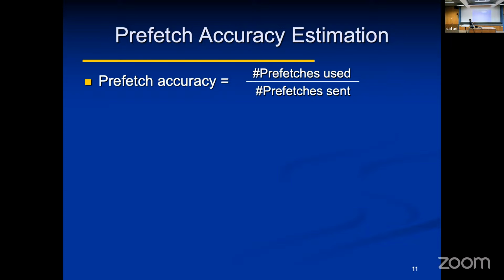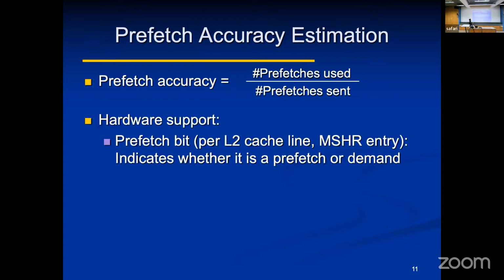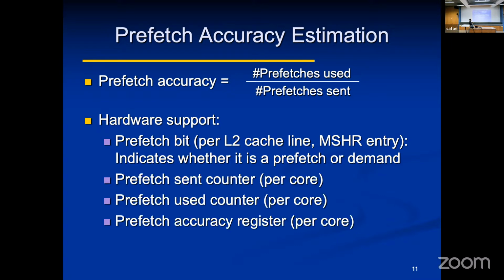So recall that prefetch accuracy is just a ratio of prefetches used divided by the prefetches sent, right? So we can compute this prefetch accuracy using very small counters inside the hardware. For example, a prefetch bit per L2 cache line, and the MSHR entry that I just discussed. MSHR stands for miss status handling registers.